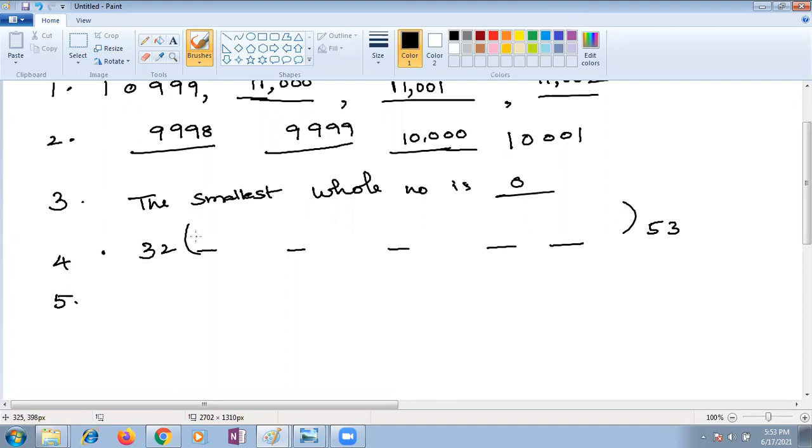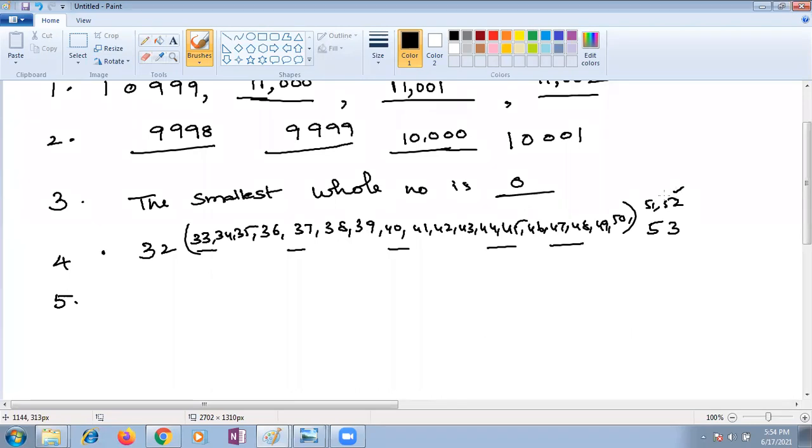33, 34, 35, 36, 37, 38, 39, 40, 41, 42, 43, 44, 45, 46, 47, 48, 49, 50, 51, 52.